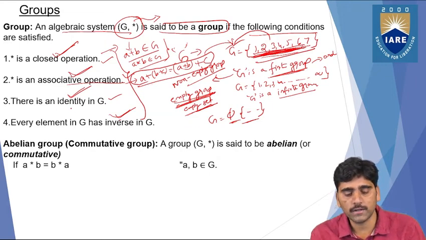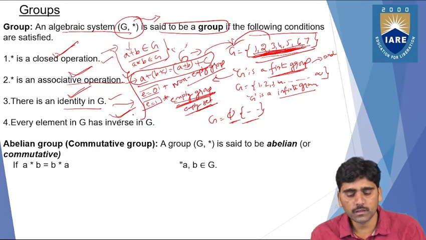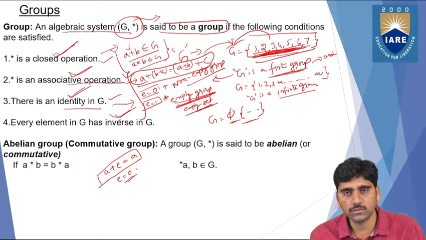The next one is the identity operation. With respect to the plus operator, E equals 0 is the identity element, and with respect to multiplication, E equals 1 is the identity element. If you take A plus E equals A, because the identity element E equals 0, then it is said to be the identity.